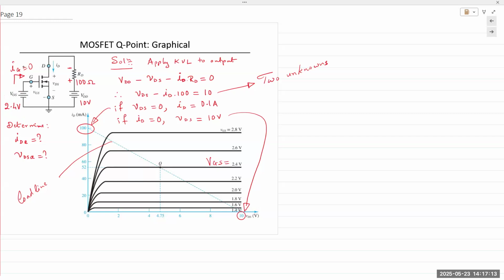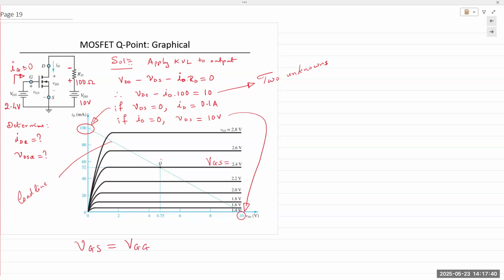Depending on how low or high VGS is, the channel is correspondingly smaller or larger. Since there is no source resistance, VGS is going to be equal to VGG, because both supplies are connected to ground at the bottom. So VGS is equal to VGG.